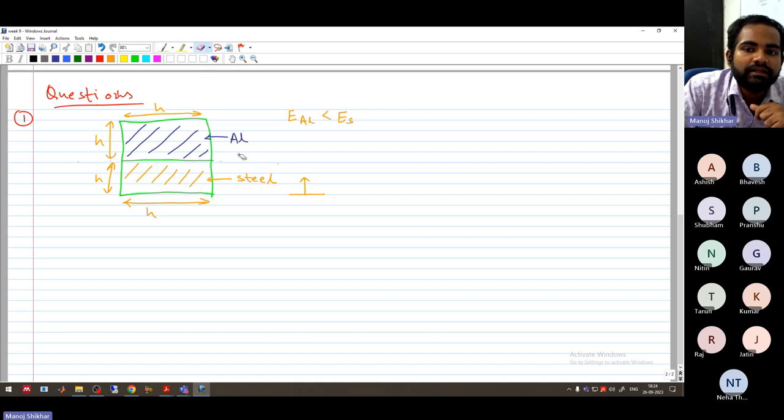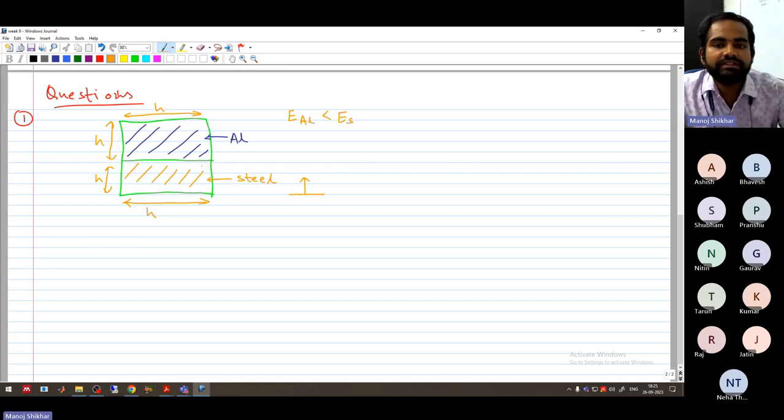And why can't we say that? Because here we have a beam which is made up of more than one material. If it was completely steel or completely aluminum, the neutral axis would have passed through the centroid. But now it will not happen.